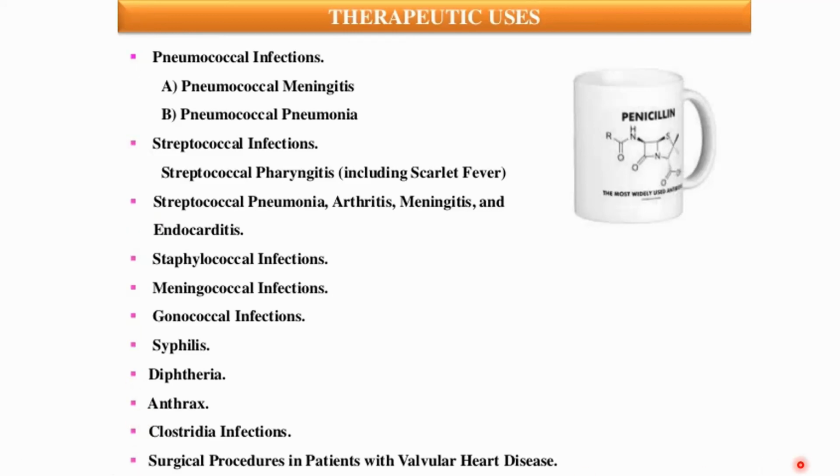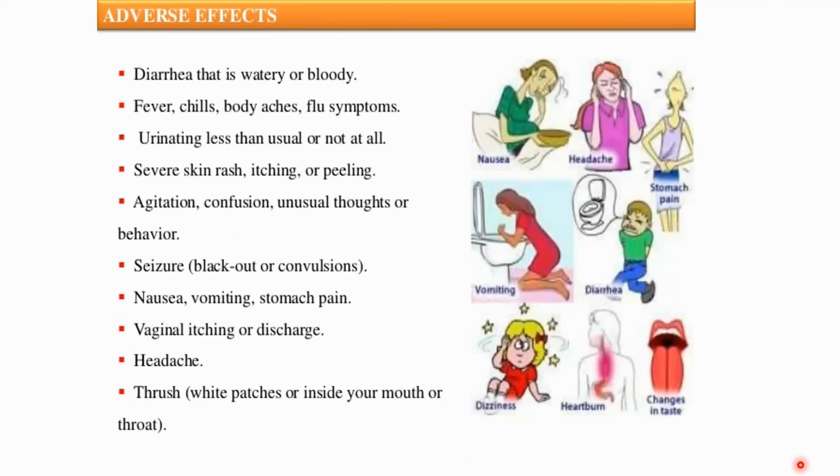Now let's see the adverse effects. Most drugs have certain adverse effects. In the case of penicillin derivatives, there can be nausea, headache, stomach pain, sometimes diarrhea, vomiting, dizziness, heartburn, change in taste, thrush, and sometimes vaginal discharge.